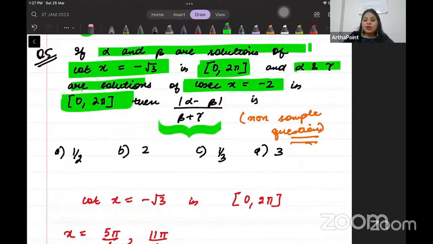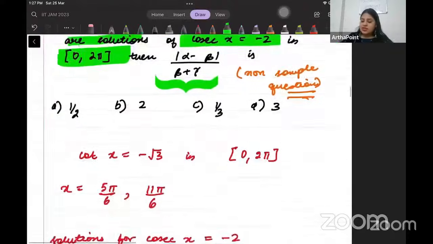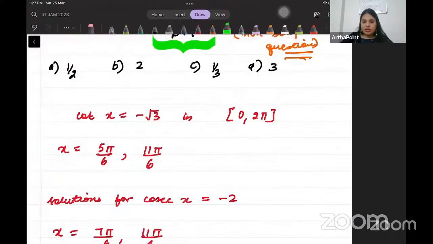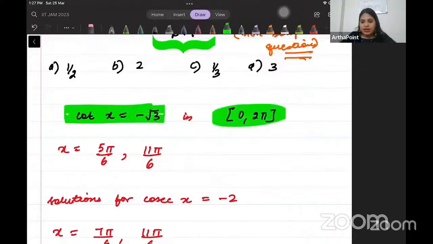So what we can do is begin by saying that if cot theta is minus root 3, then in 0 to 2 pi, where pi we know is 180 degrees, so 0 to 360 degrees, x can be either 5 pi by 6 or 11 pi by 6. This is what can happen.